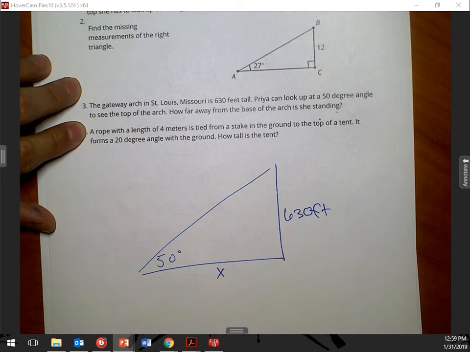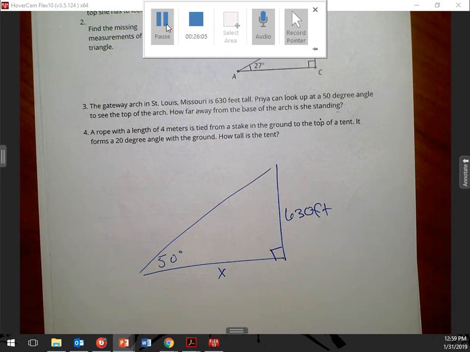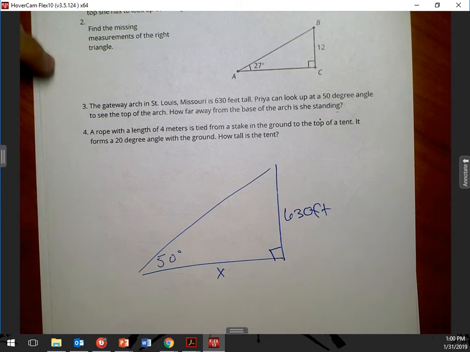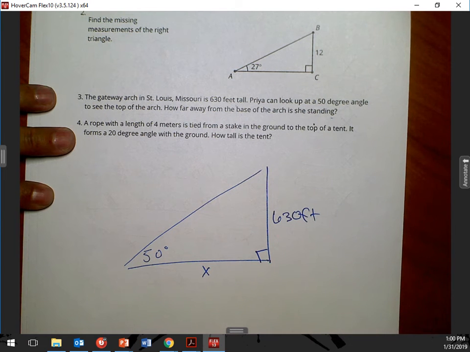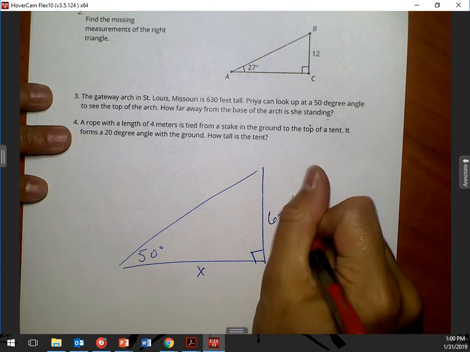Down here on the bottom, right? Right angle. So from that angle, all right, so you guys ready? Say yes. Okay, good. From the angle right here, this side over here is the opposite.